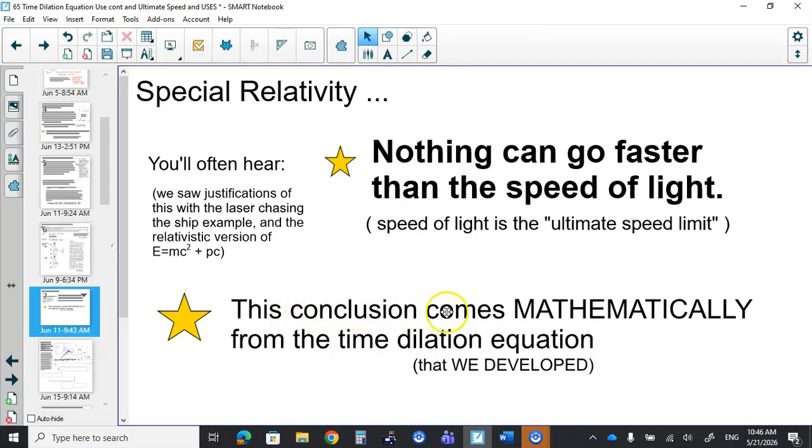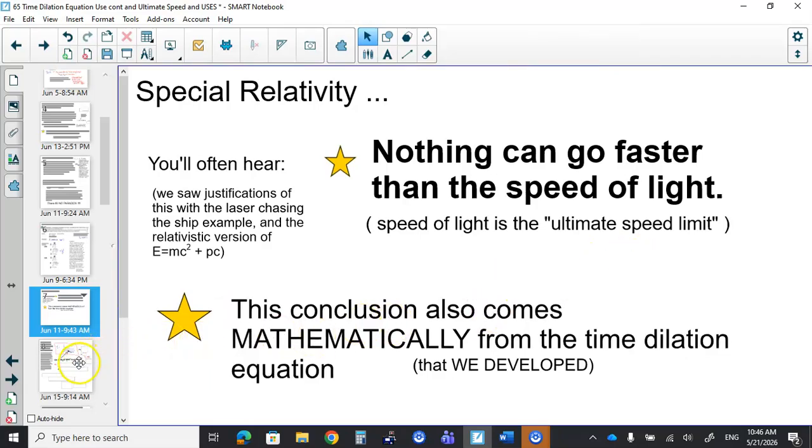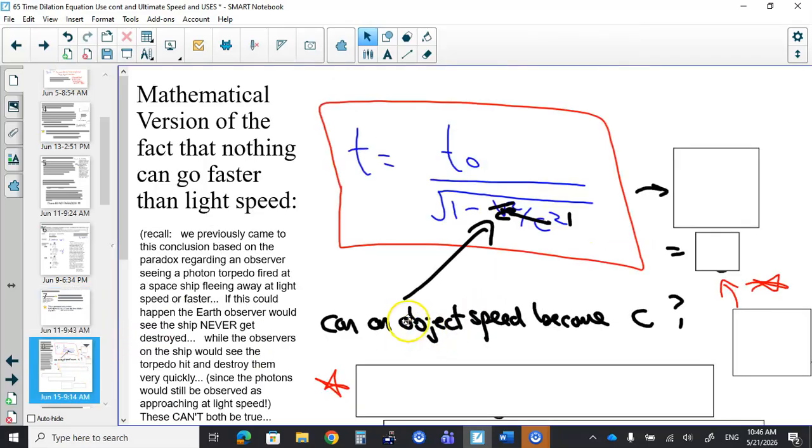So this conclusion also comes mathematically from the time dilation equation that we developed, right? And if you look at the equation, you can kind of see why, right? So if the speed was c, then c squared over c squared would be a 1.